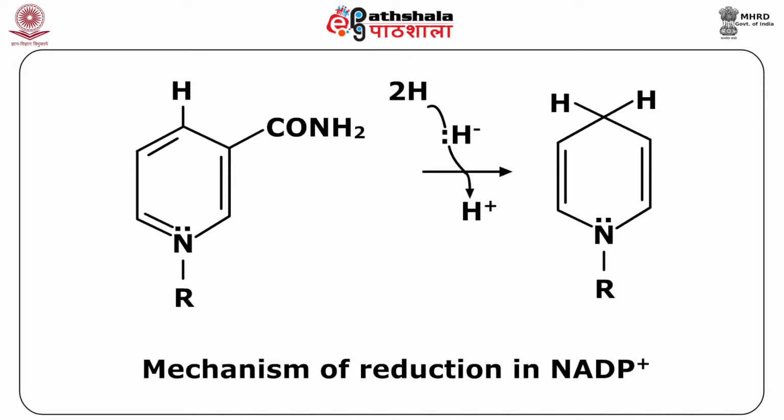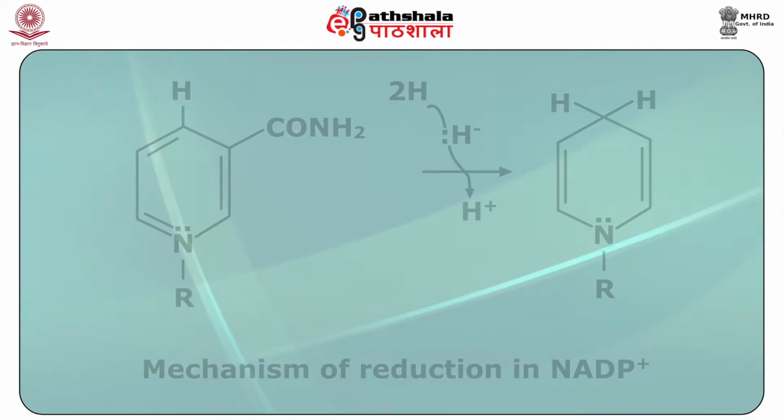The other proton goes free in medium as a byproduct. So only one hydrogen atom is attached to the pyridine ring. That is why reduced NAD+ is always written as NADH plus H+, not as NADH2. So you can clearly see this mechanism here in the figure as given to you here.